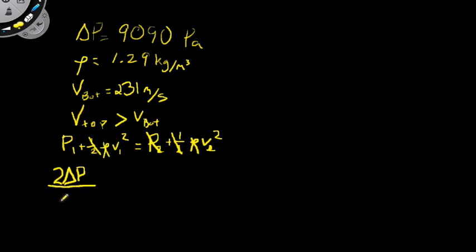And then I still have that V1 squared from the original, plus V1 squared is equal to V2 squared. But I don't want V2 to be squared, so I'm going to go ahead and square root this whole thing.